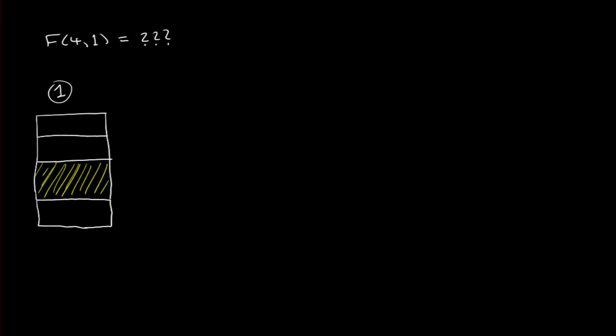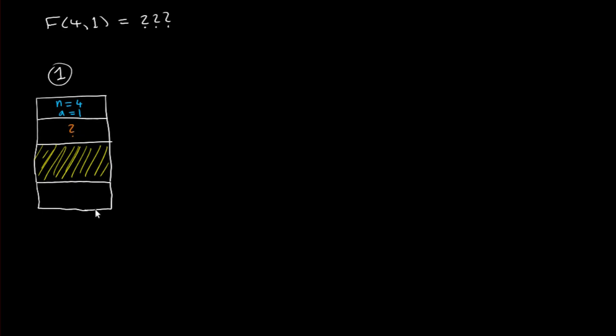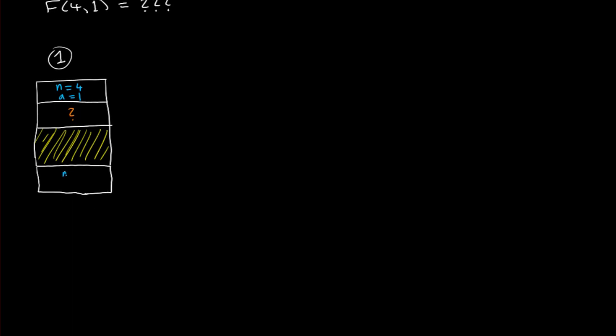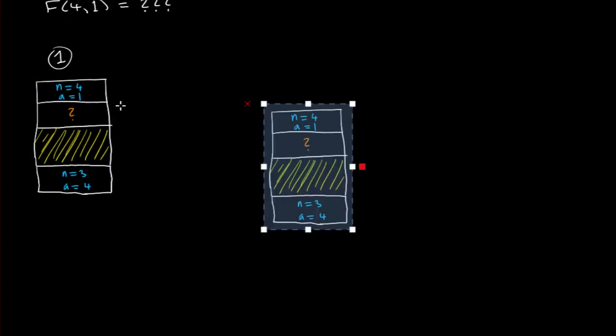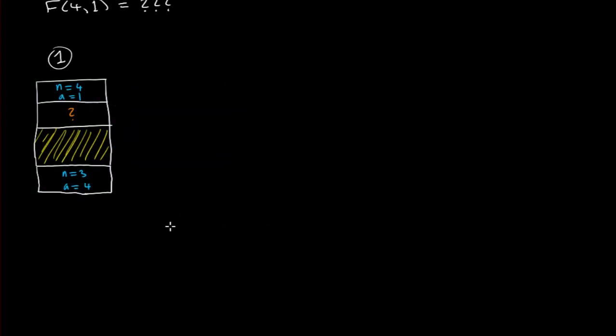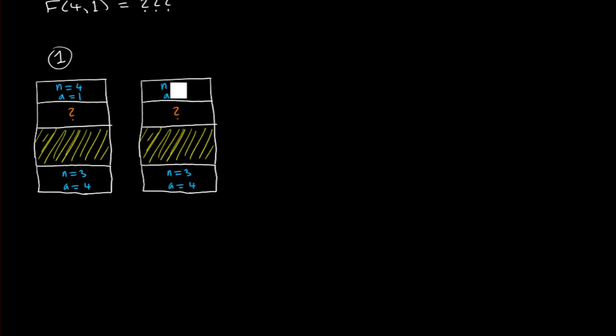So once we've done that, we say, okay, well, here we started off with n equal to 4 and a equal to 1. Well, we don't know the answer. So our outgoing parameters are going to be n equals 3 and a equal to 4 times 1, which is 4. But instead of spawning a new stack frame, why don't we just overwrite the input values and do the calculation again?